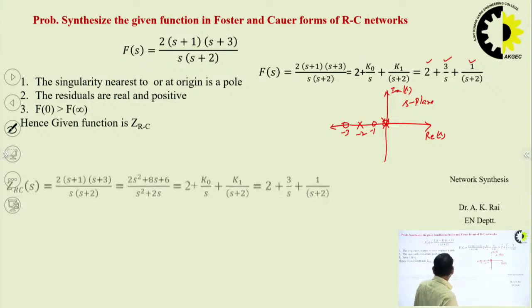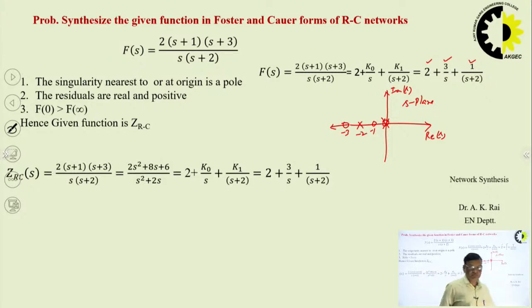So the given function is ZRC, or you can say YRL. The properties are the same for both ZRC and YRL. So the given function is ZRC, so we go for the Foster first. Once we have decided the given function is impedance, then carry out the partial fraction expansion.